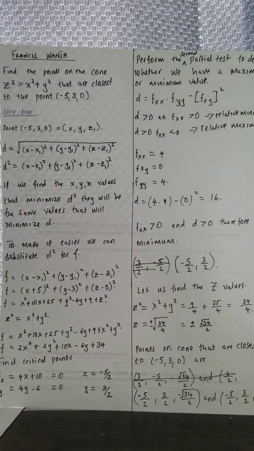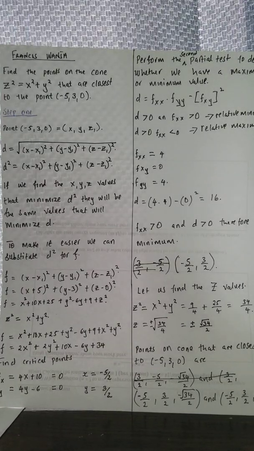The formula for finding distance is the square root of (x minus x1) squared plus (y minus y1) squared plus (z minus z1) squared.